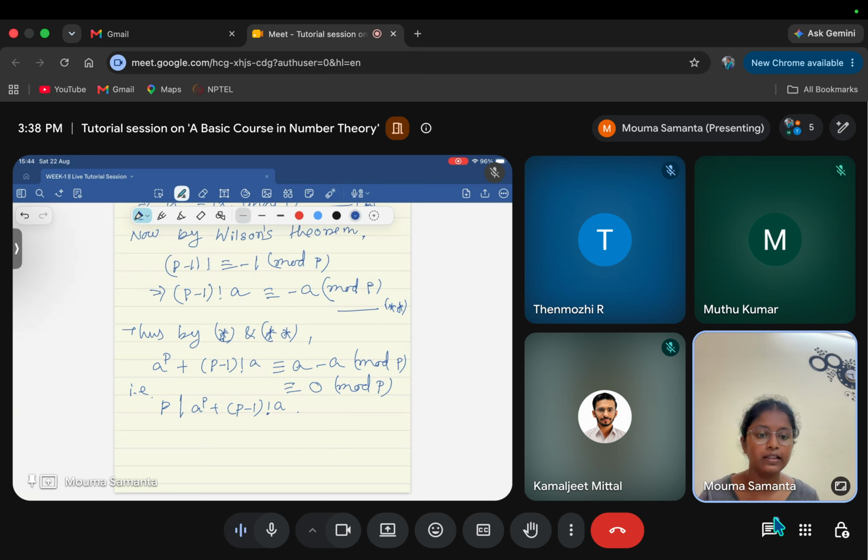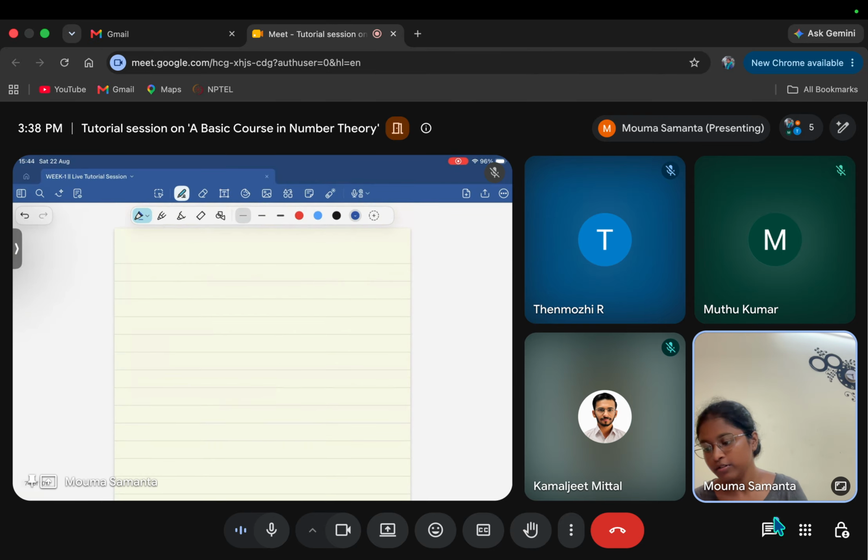So is it clear how to use this? This is the straightforward use of these two theorems, Fermat's little theorem and Wilson's theorem. In a similar way, we can show the second statement also. So can anyone now tell me how to solve the second statement?